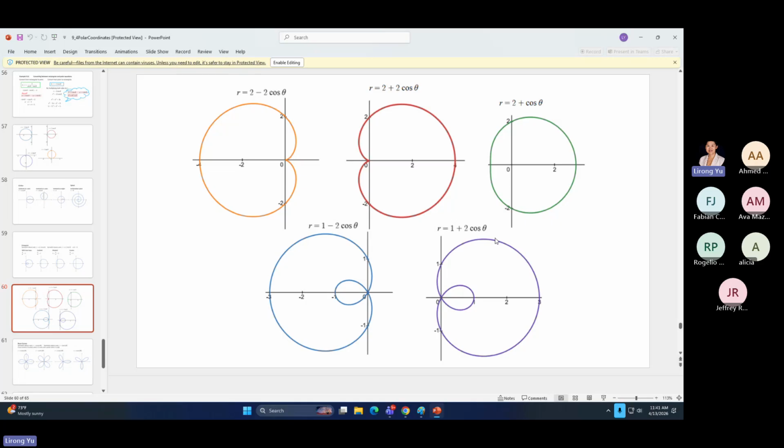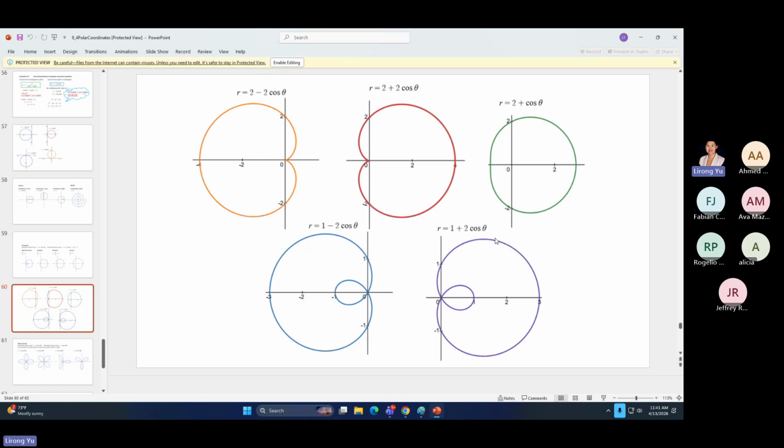On the other hand, if the trig function has a bigger coefficient, like 1 minus 2 cosine theta or 1 plus 2 cosine theta, we see a limaçon with the inner loop, because the trig side has a bigger value. You almost see two little circles to the right of the origin. Any questions?